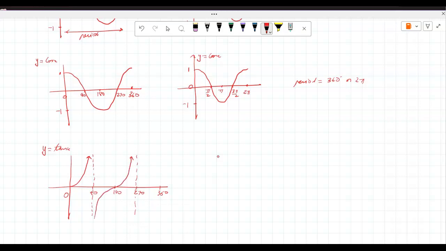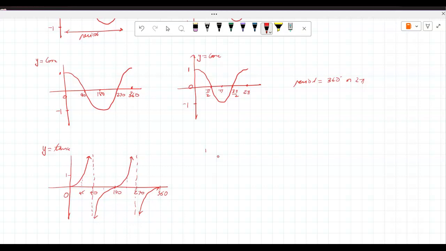If you take the values and plot it, it will go like this. If you think of the unit circle, tan of 180 is 0. At 45 it's 1. At 135 it's minus 1. 225 is 1 again, like that.